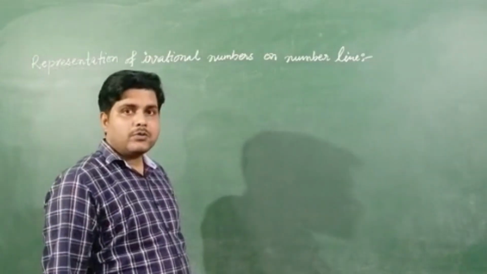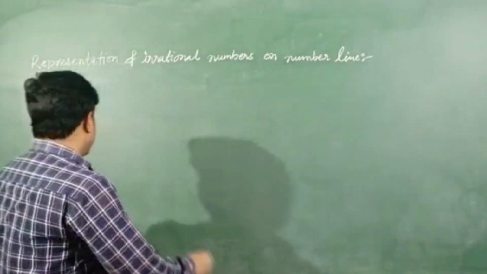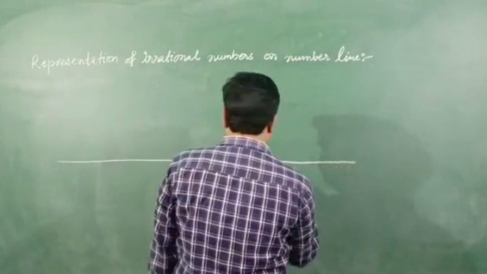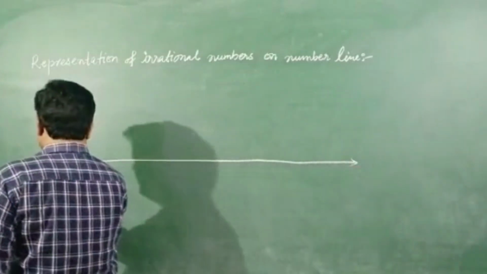Let's look at how to represent root 5 on the number line. Again, we will take a straight line. I hope it is straight enough to serve the purpose.